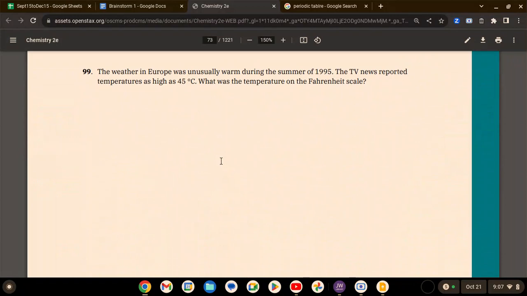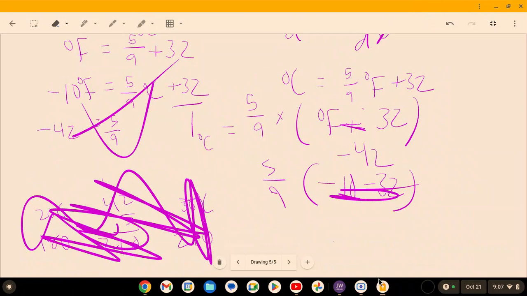I think I'm going to end up just redoing this one. No. Now let's finish strong. I'm frustrated. Degrees F equals 9 over 5 degrees C plus 32. Is that right?